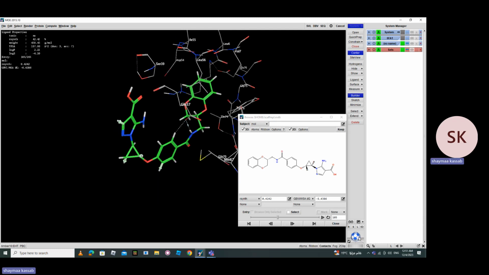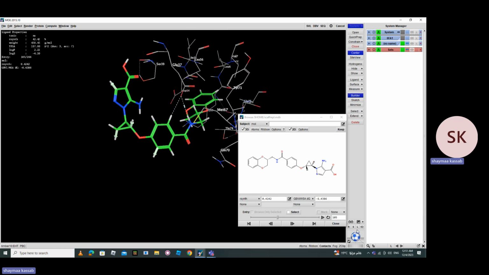For glutamine, I think if there was a fragment to come from this position and twist under the axis of the whole molecule, this one would be able to interact with glutamine.